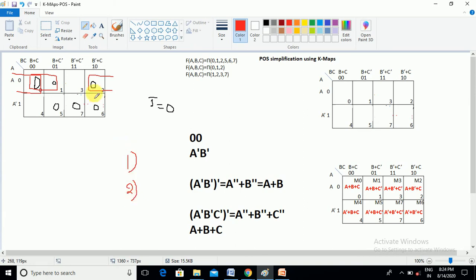But if you take a combination of 2 and 0, it creates an overlap with the previously created group, so you should not take such combinations. If you take the 2 and 6 mapping, it creates a 2 cell grouping. If you take 2 and 0, it also creates the same 2 cell grouping. There is no increase in the number of cells; the count is the same, 2 only.